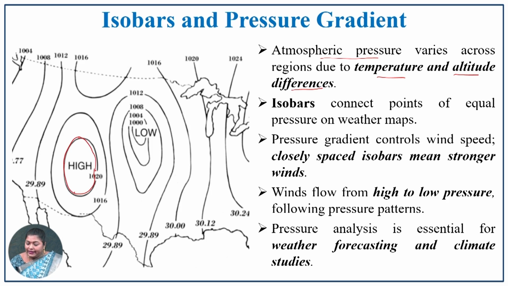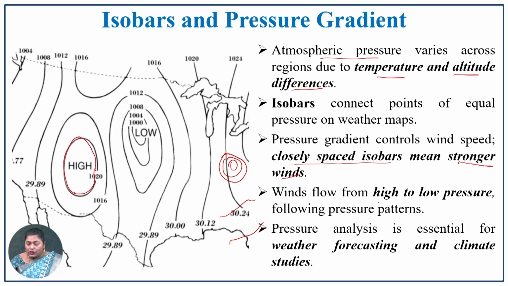The pressure gradient controls wind speeds. If the isobars are closely spaced, it represents strong wind. Vice versa, if the isobars are widely spaced, it is a gentle, weak wind.